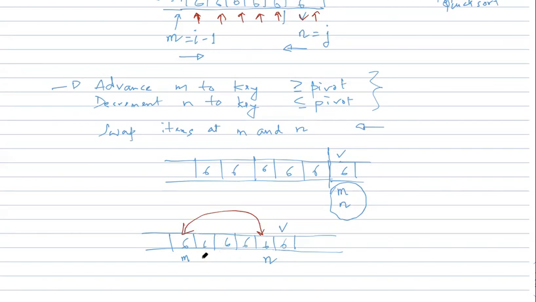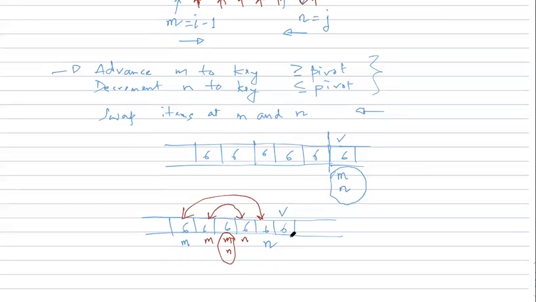Great. Then M will again move forward. Next, M will come here, N will come here. There will be swapping. And then M and N will both come here. Okay.